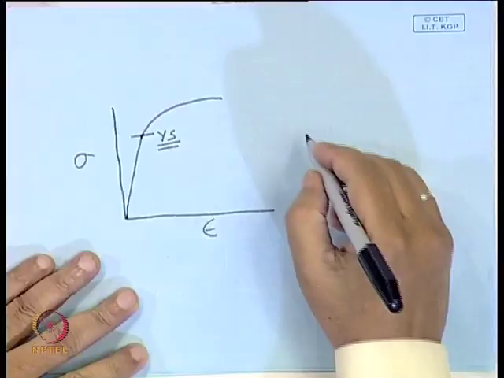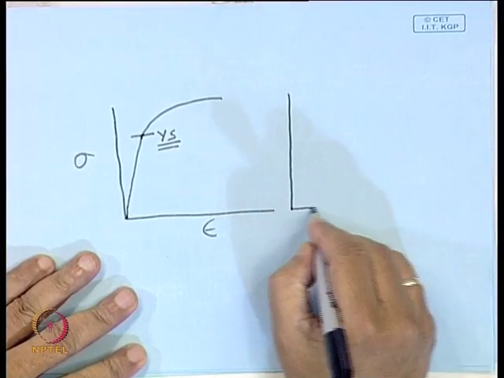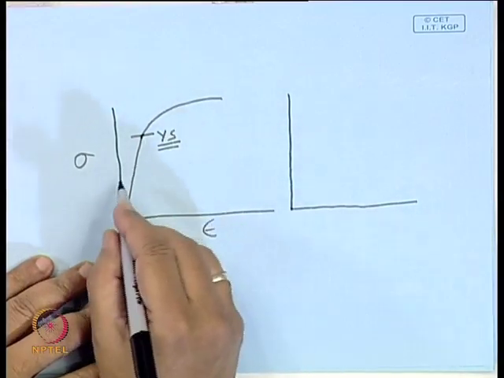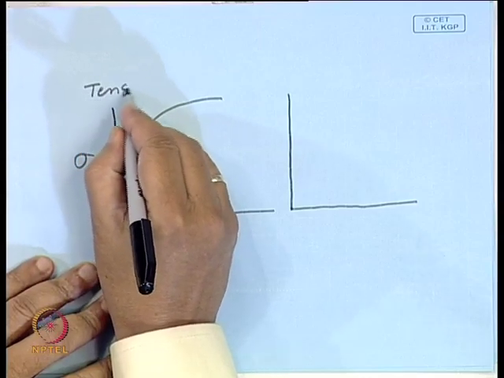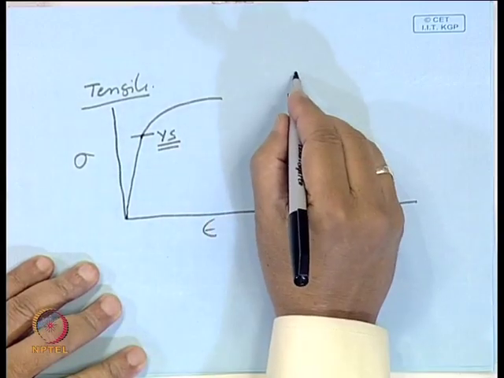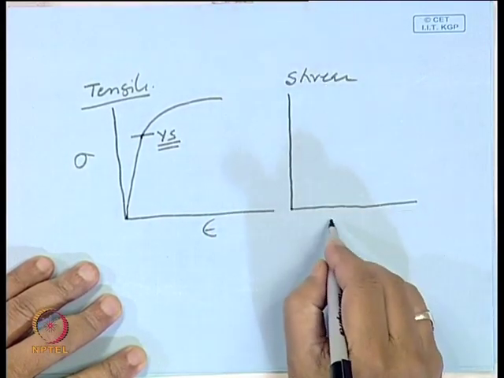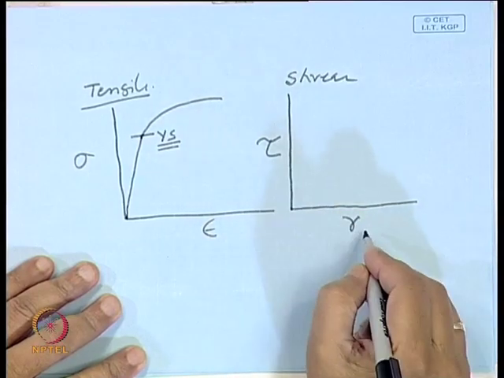And in fact, for the single crystal, what will be the nature of the stress strain diagram? Normally in polycrystalline material you have a tensile stress strain diagram. Here the diagram that we will draw is shear stress versus shear strain. So, shear stress tau, shear strain.